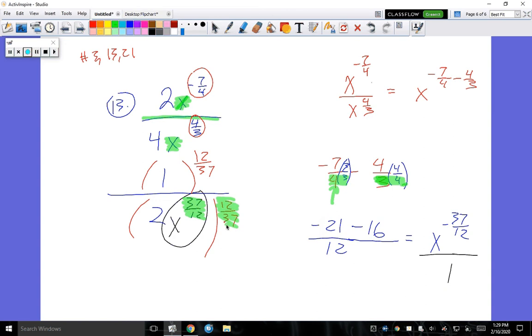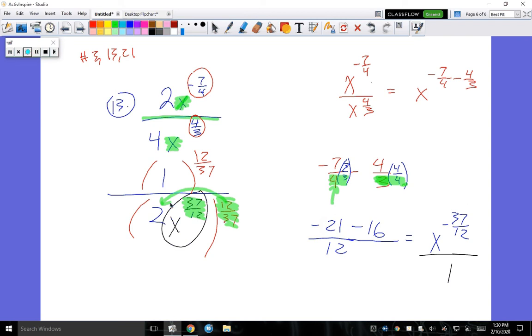It'd be a 1. And now I've just rationalized the denominator. I don't have a square root in the denominator. But I would have to apply it to that one too. Do you see how I still now have a square root in the denominator, no matter what? So in instances like this, I wouldn't want you to raise it to the 12 over 37.